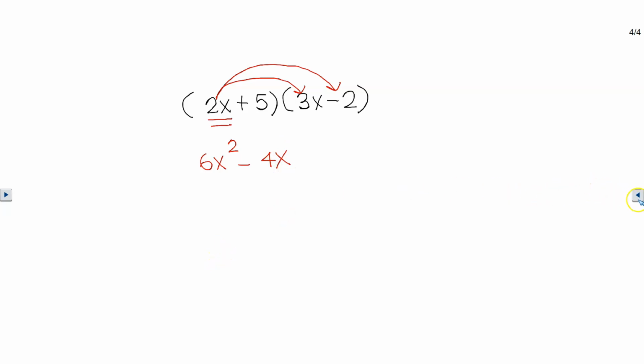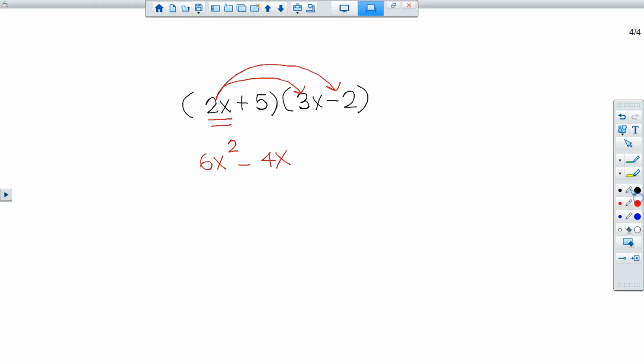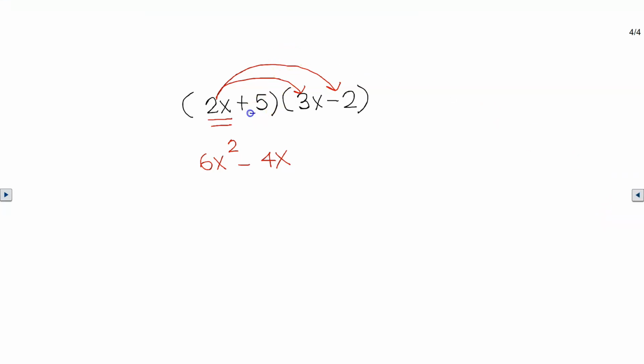All right, now, since that first term has been multiplied by the entire second polynomial, now I repeat the process with my second term, which is a positive 5. So I'm going to do 5 times 3x, which is a positive 15x. And then I'm going to do 5 times negative 2, which is a negative 10.